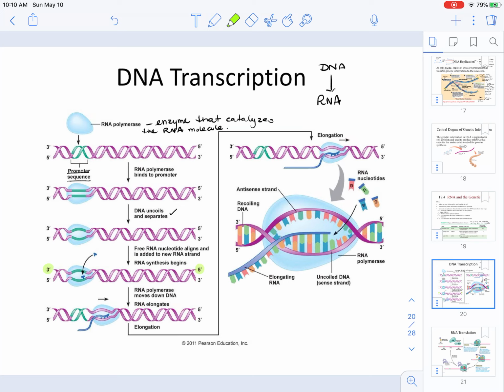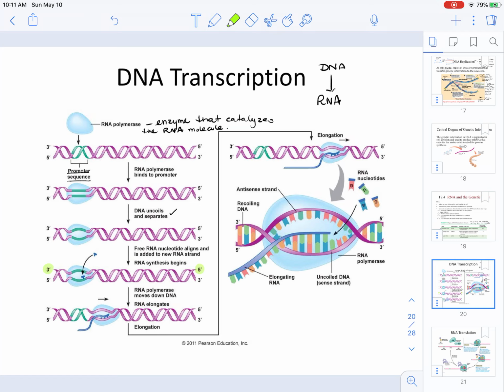The synthesis of the new strand of RNA always occurs in the 5' to 3' direction, so as a template we must always use the strand that is 3' to 5'.